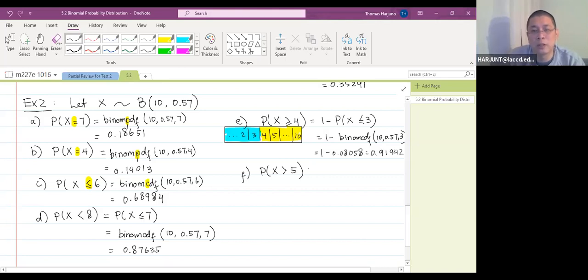Then part F, the probability that x is more than 5. Let me use the plot here. 5, 6 to 10. But more than 5 means start from 6. The complement is up to 5.